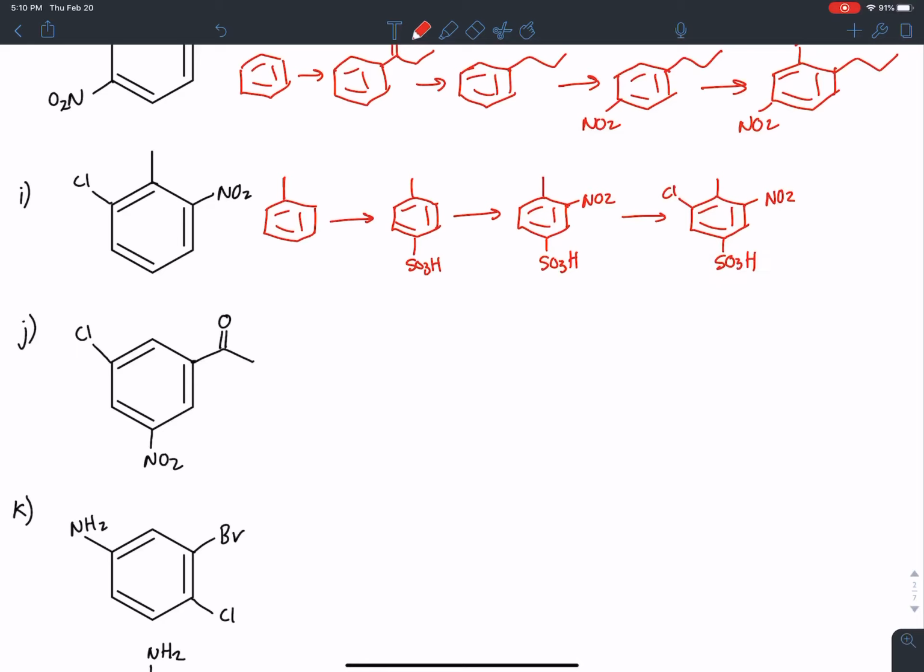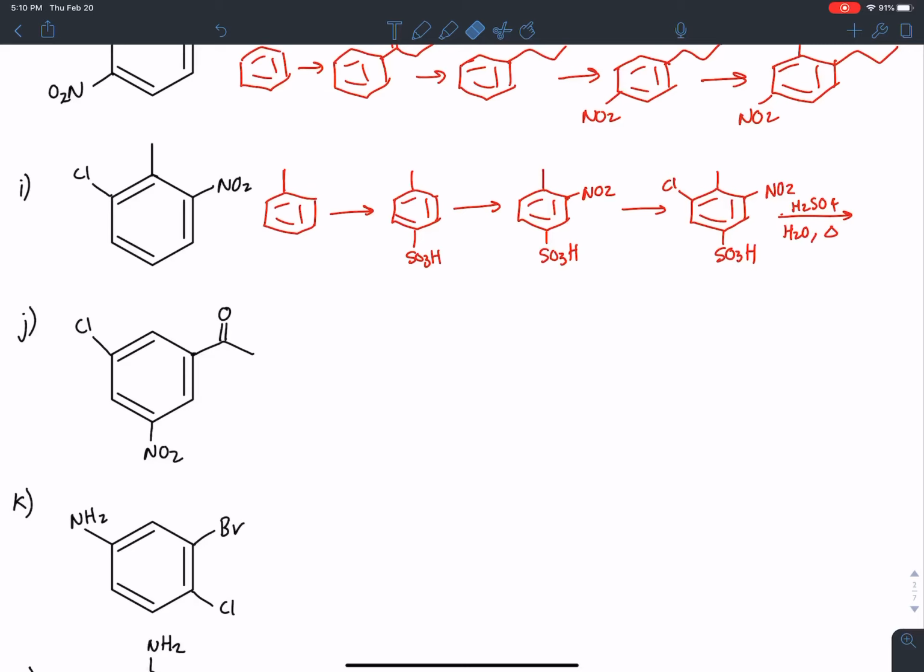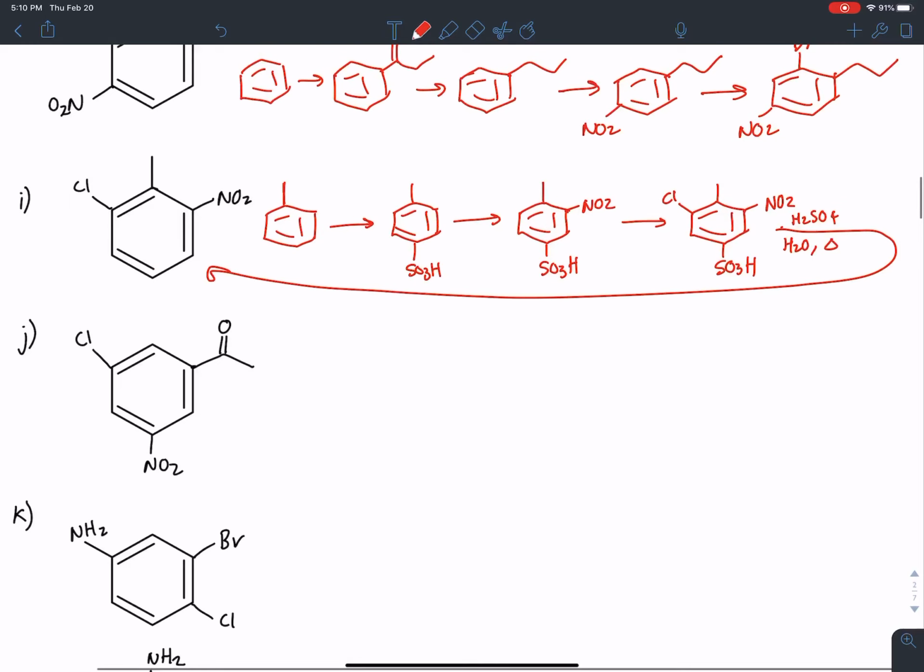Now, if you want to go SO3 off, all you have to do is, we did this reaction, it's H2SO4, water, and heat. This removes the SO3H, thereby giving you the answer we wanted. So you can use SO3H as a reaction that blocks the para spot, only to remove it later. So we went this, block this spot, put my stuff on, and take off the block.